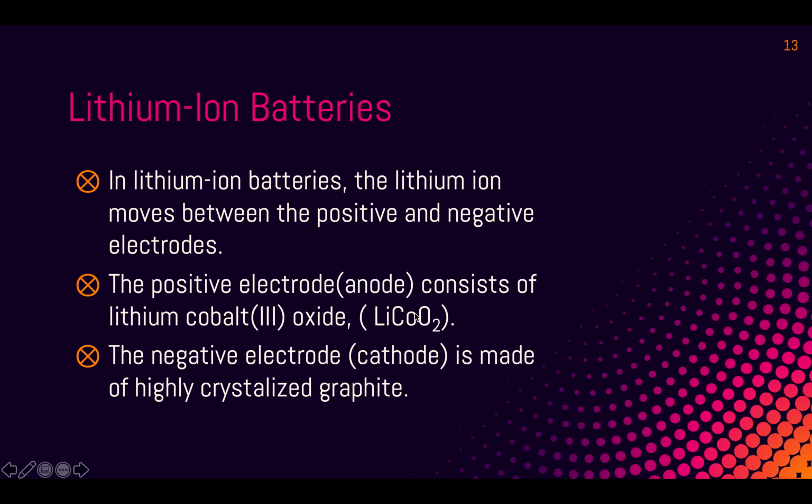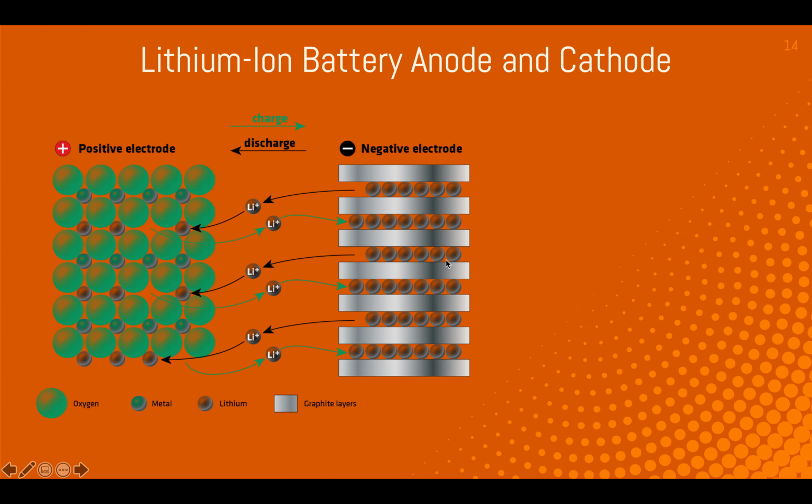The positive electrode consists of lithium cobalt 3 oxide, and the negative electrode is made of highly crystallized graphite. So here in this diagram, you can see the graphite layers make the negative electrode, and the oxygen and metal make up the positive electrode. So this is how a charge cycle would work in a lithium-ion battery.